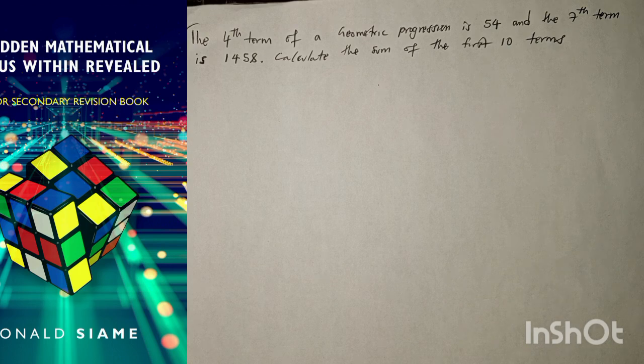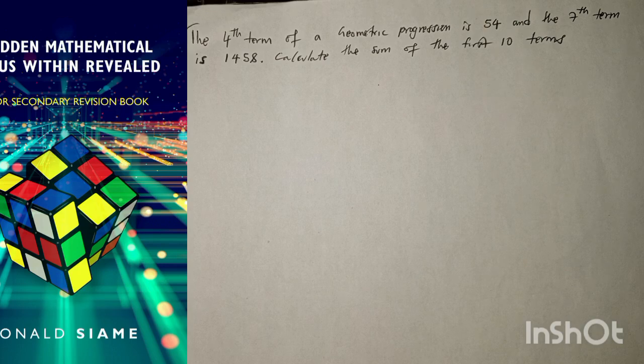Our question today is, the fourth term of a geometric progression is 54, and the seventh term is 1458. Calculate the sum of the first 10 terms.